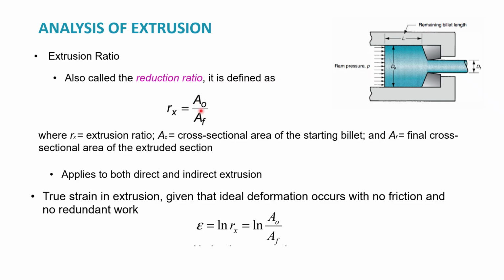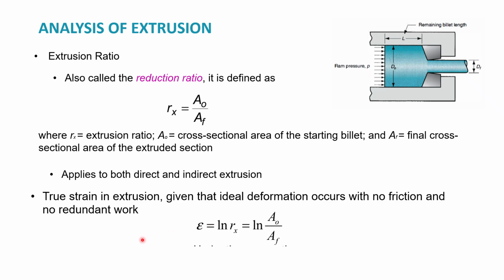We know the diameter of the pellet, so we can find this one. The Rx is given to us as 4, so we can find the value of the AF if required. Rx is the extrusion ratio, AO is the cross-sectional area of the starting pellet, and AF is the final cross-sectional area of the extruded section. This equation can be applied for both direct and indirect extrusion.